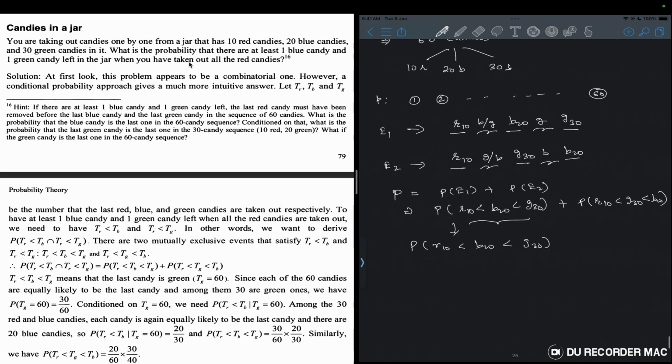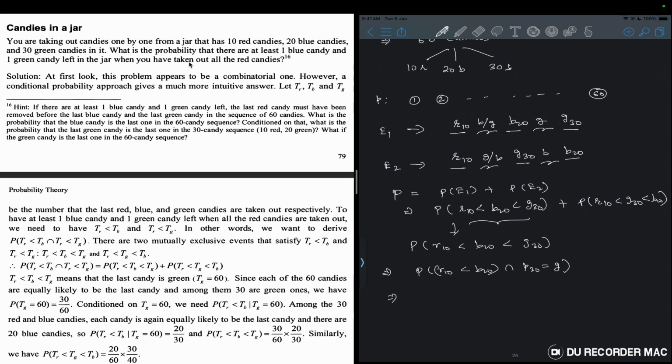What do we actually mean when we write this? Here, I write it as the probability that R10 is less than B20, intersected with the 60th position being green.